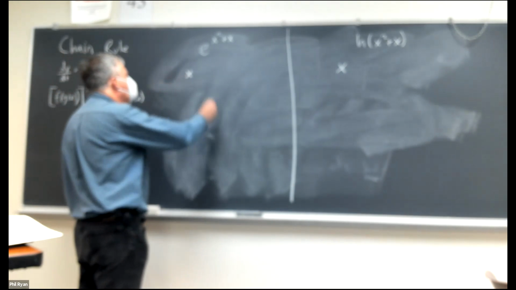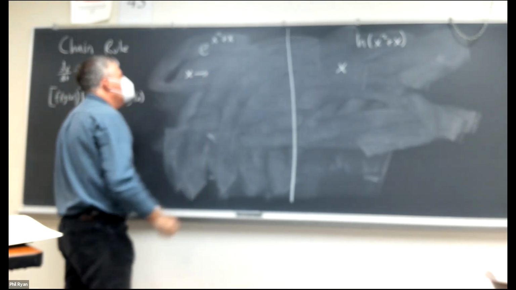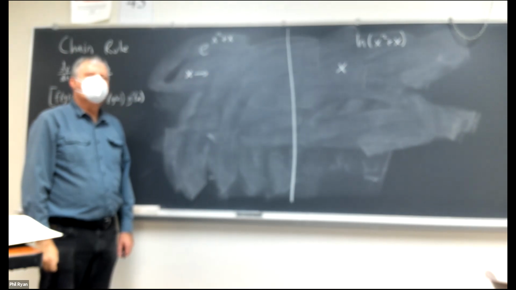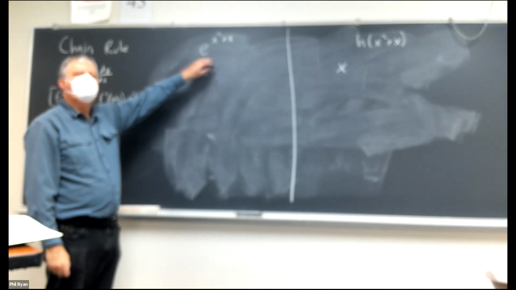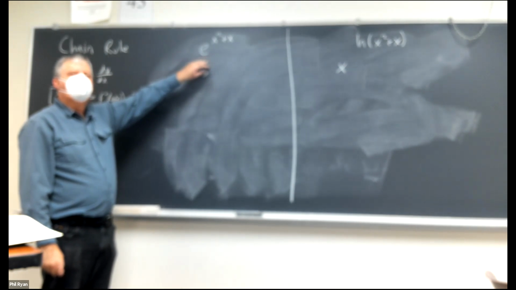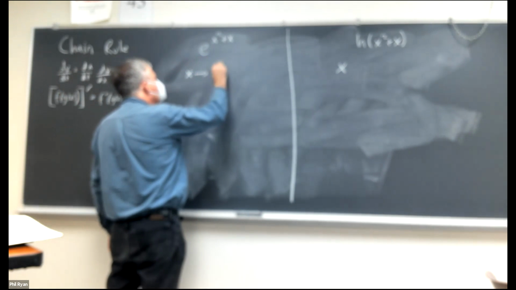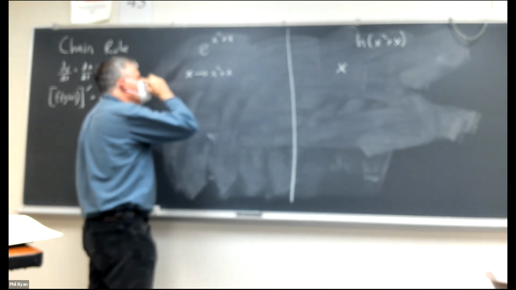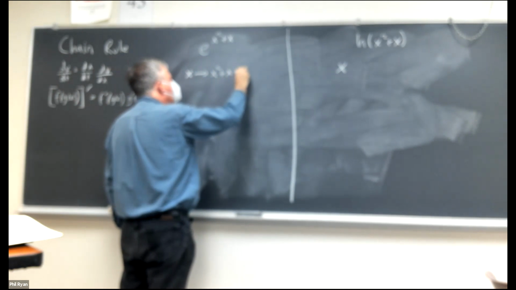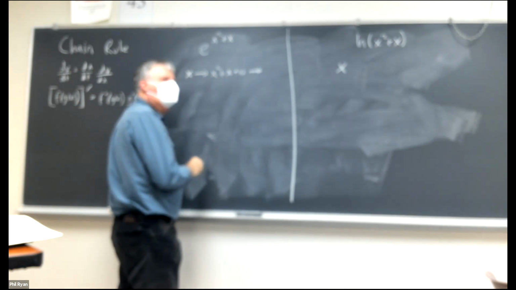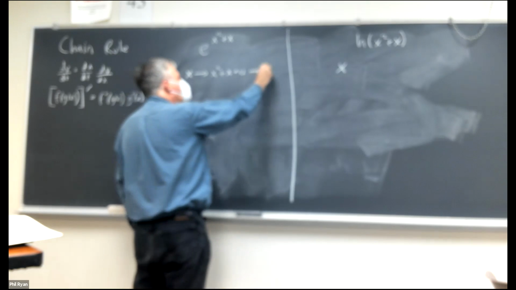Okay, so let's come up with a chain here. So what do we do first with the x in this problem here? Just make it x squared plus x. X squared plus x. I'm going to call that u again. And then what's the second thing we do? e to the u.